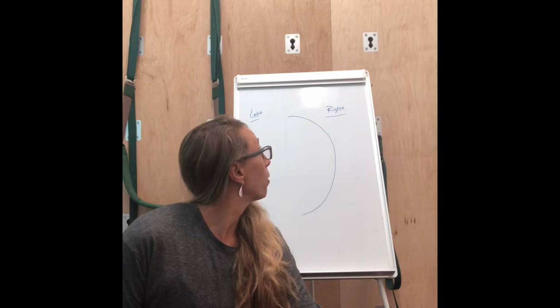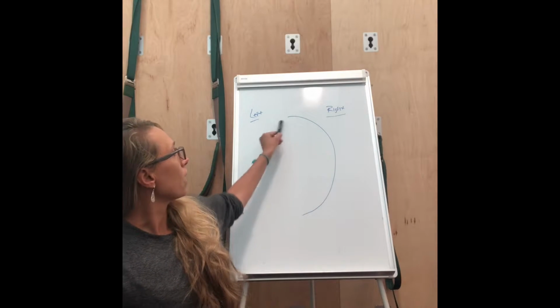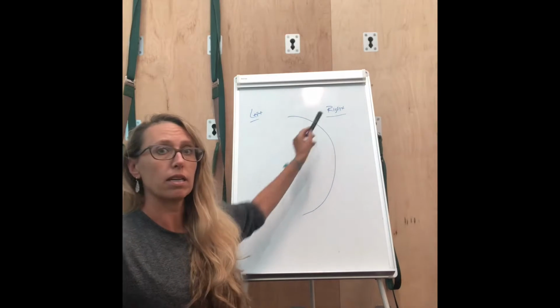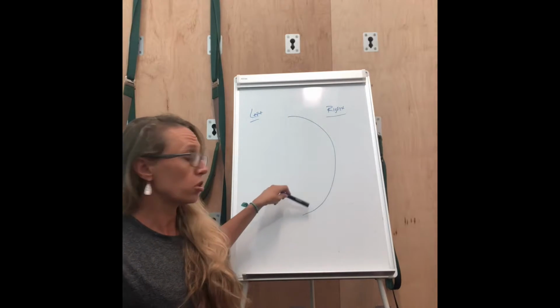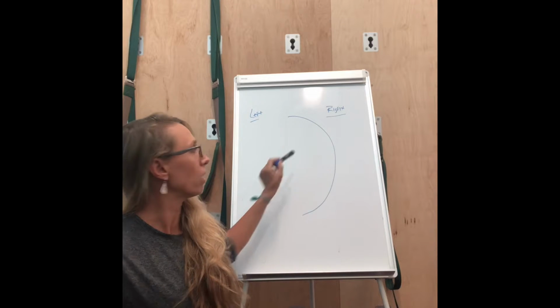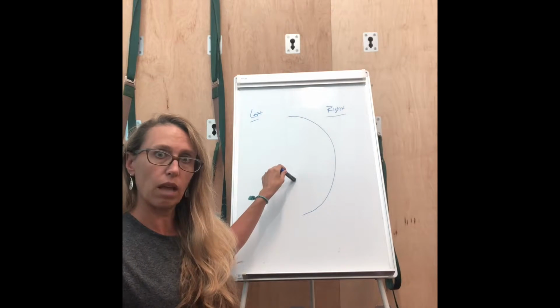So, for example, on this board, this person has a C-shaped curve with the right convexity, meaning the curve pushes out or goes to the right. The convex side is on the right and the concave side is on the left.